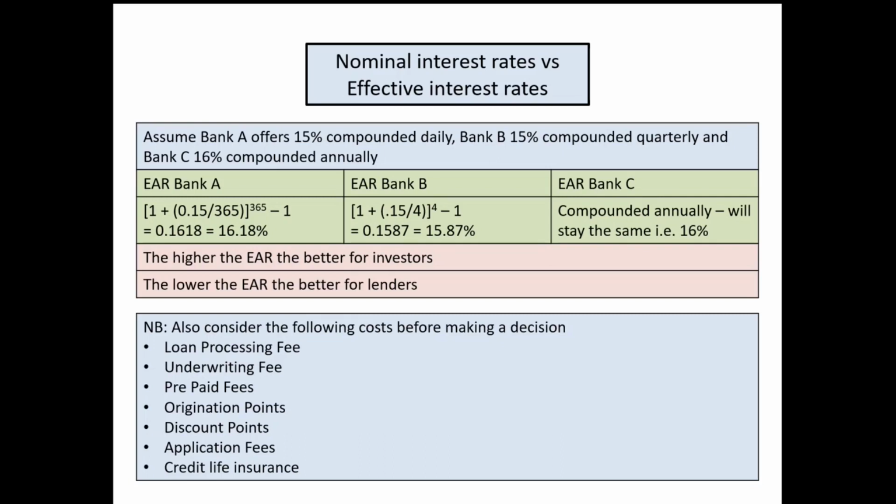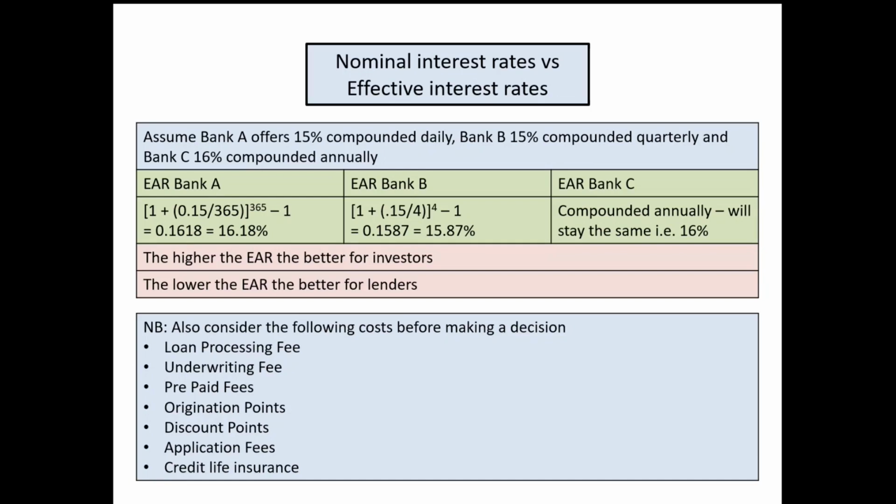In the case of Bank B, it says that it is compounded quarterly. Now that means a quarter is a fourth, just another way to say a quarter. So it's being compounded 4 times a year. So in this case, we take the 0.15, and I did that on purpose, just to show to you that whether we're saying 0.15 or whether we are saying 0.15, still the same thing.